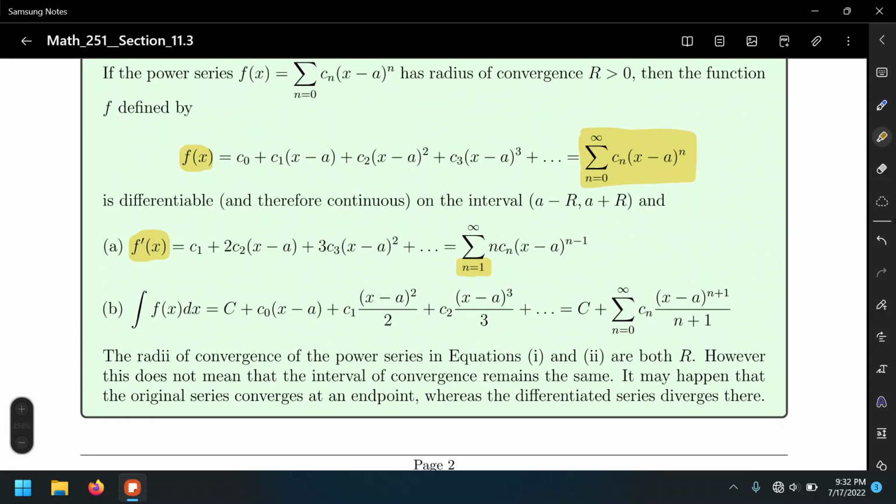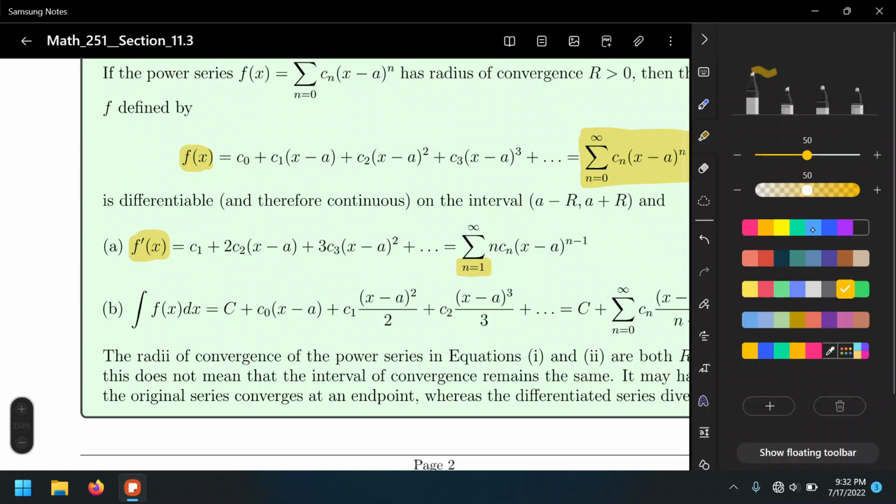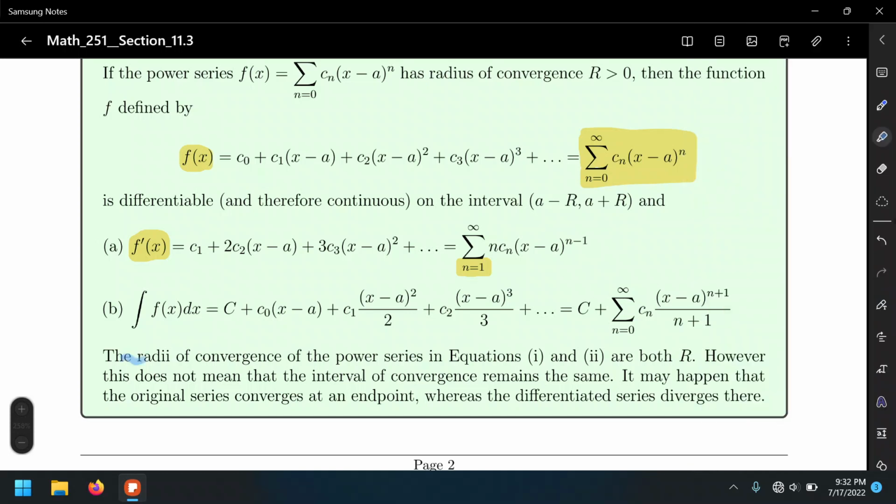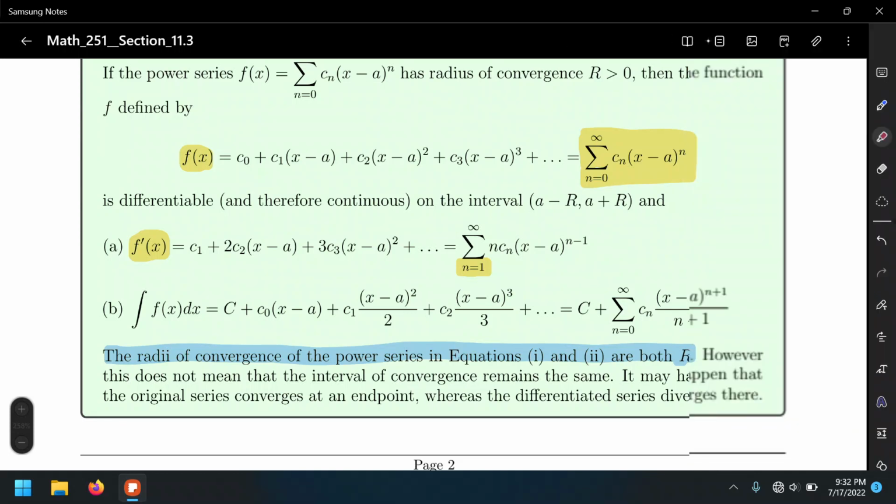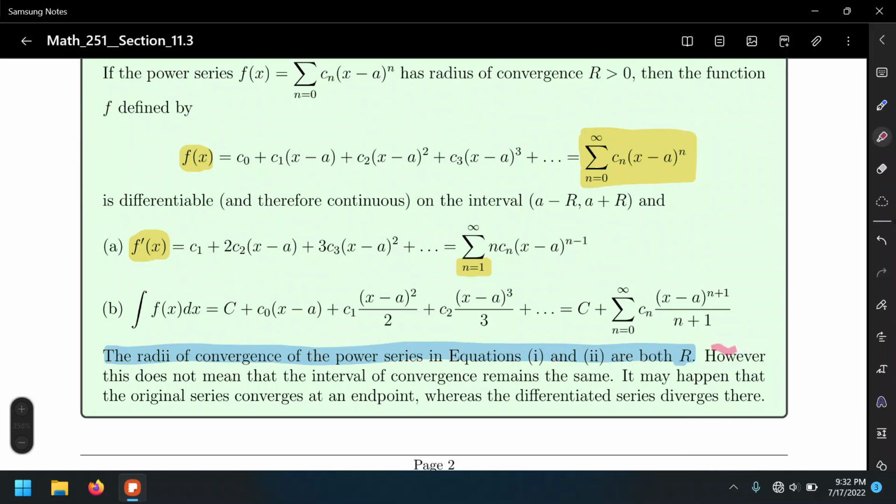Let me highlight that with a different color. That's what this sentence is telling us: the radius remains the same. However, the interval may not be the same. In fact, it is possible that the interval of convergence differs from the original function.